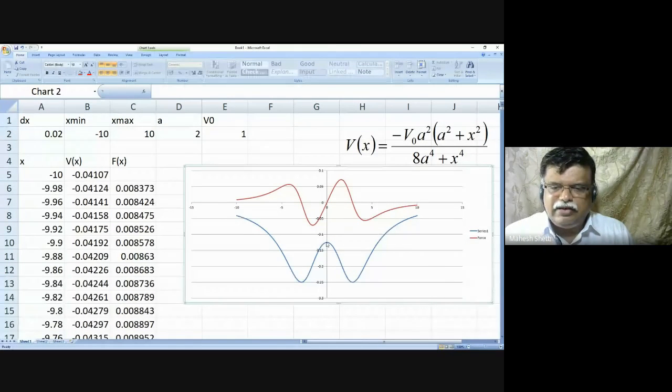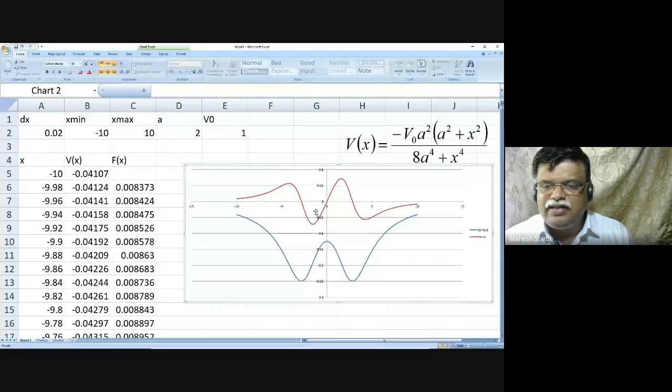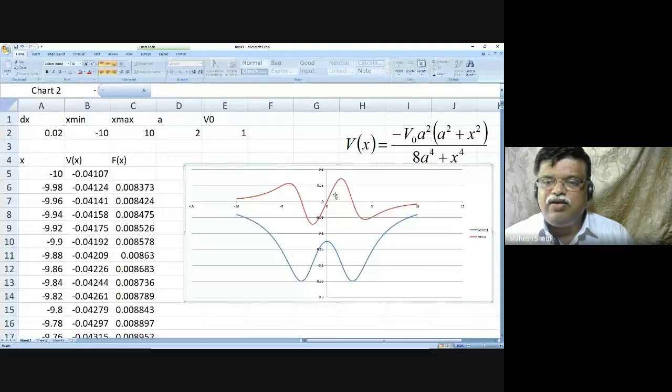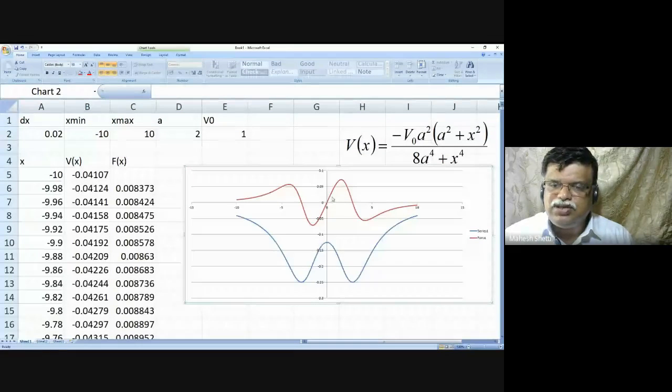When you calculate the force, the force has a positive slope, and it is almost a straight line around this particular point. That means the force is proportional to x with a positive sign. So if I slightly disturb on the positive side of x, the force will also be positive and will try to push the particle even further.